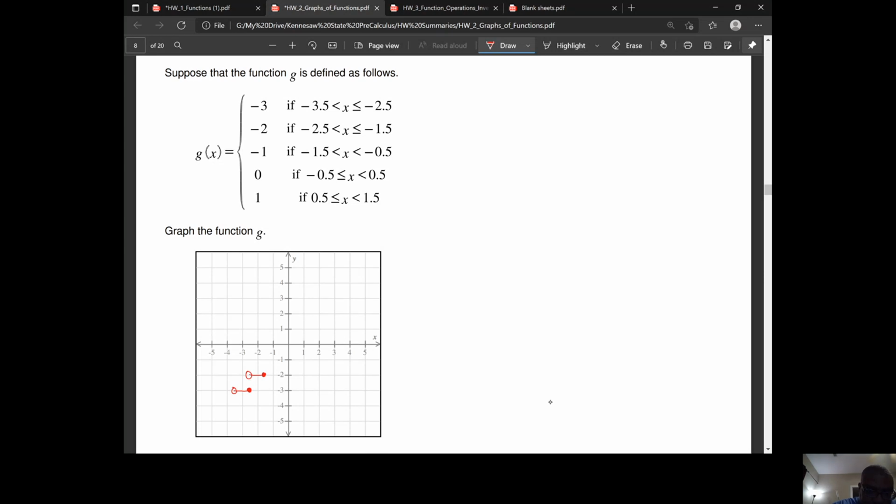-1 from -1.5 to -0.5. 0 from -0.5, open circle, to positive 0.5, closed circle. And 1 from 0.5, open circle.